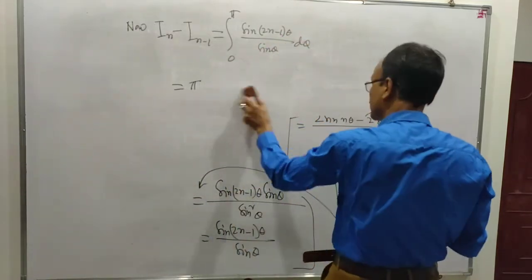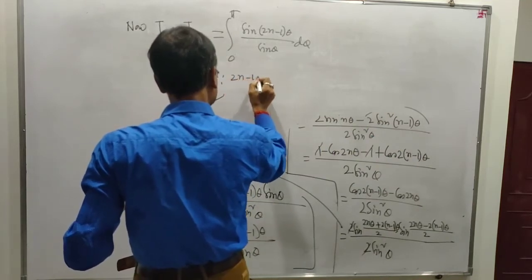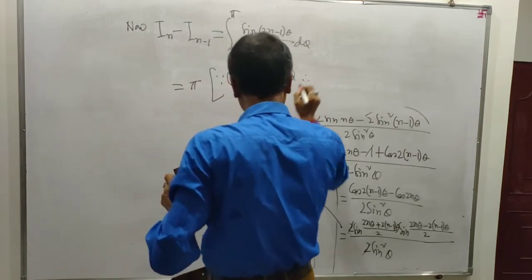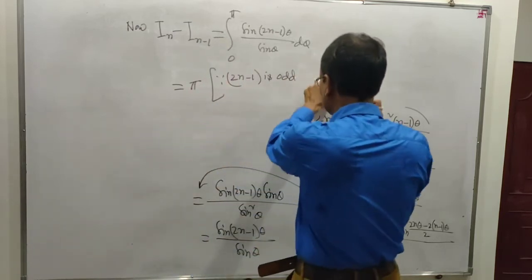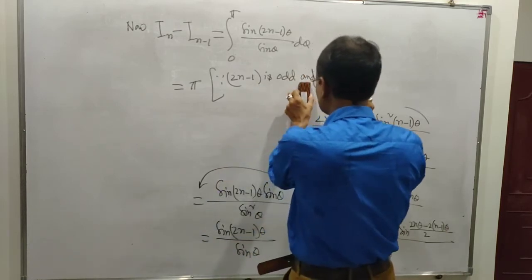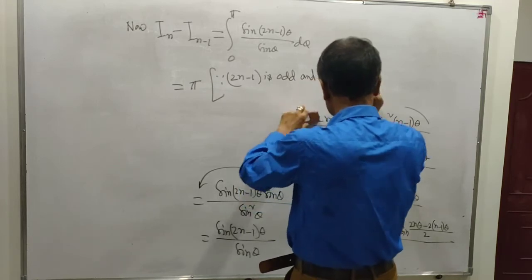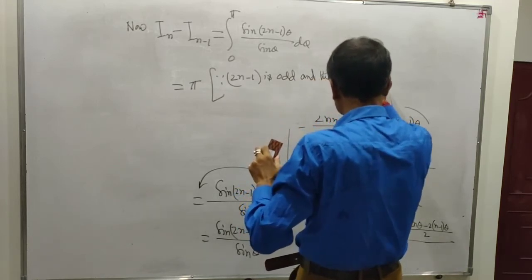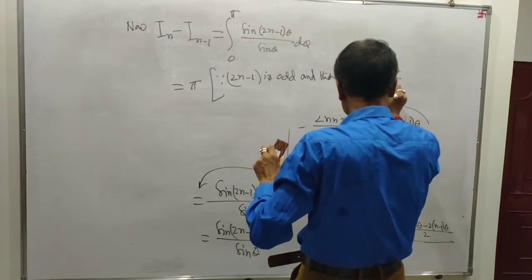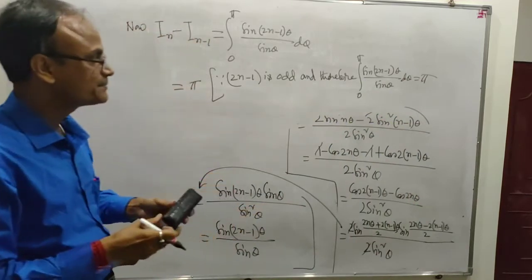Since twice n minus 1 is odd, the integration from 0 to pi of sin((2n minus 1) theta) divided by sin theta should be equal to pi.